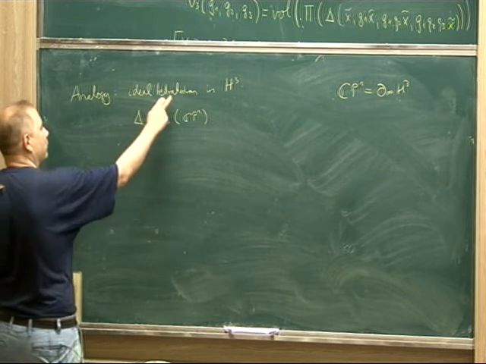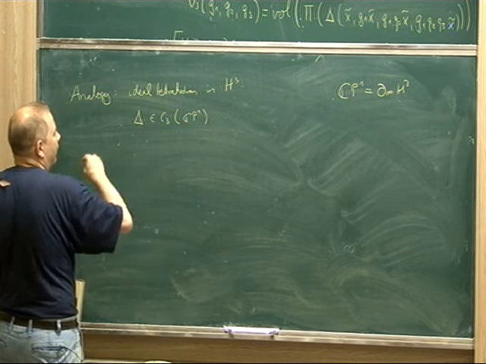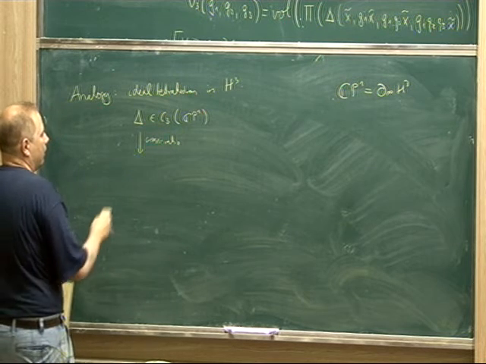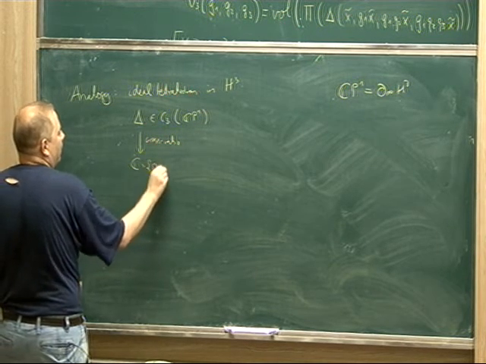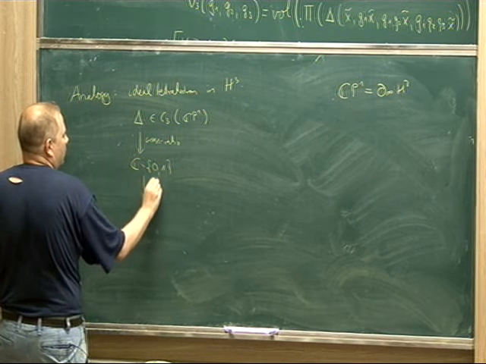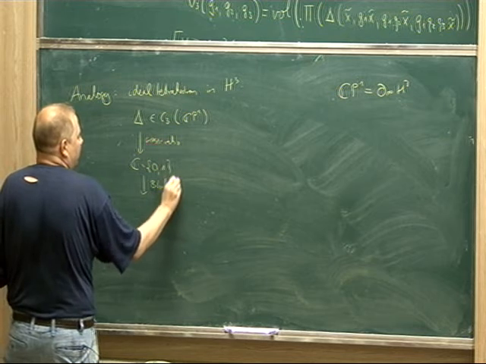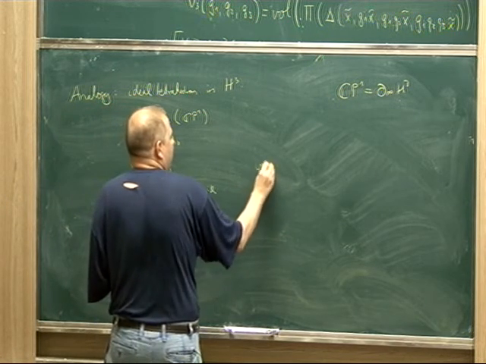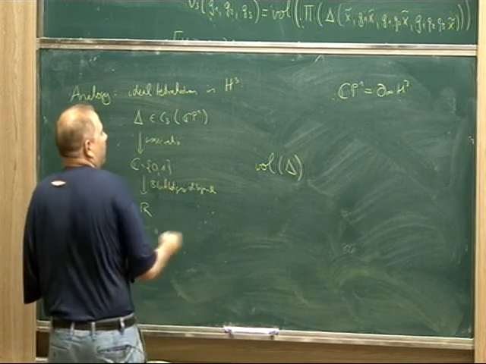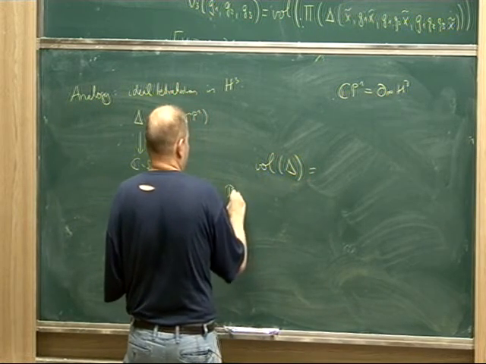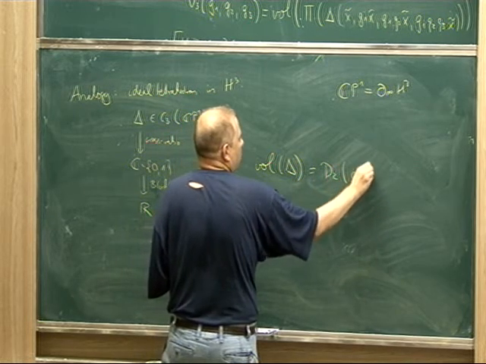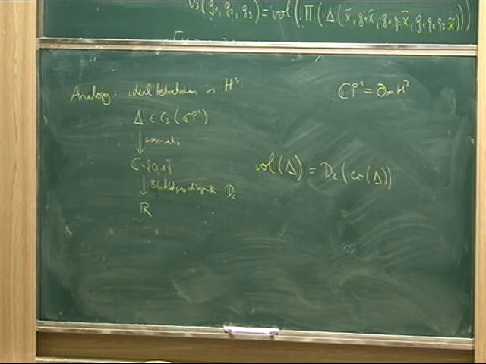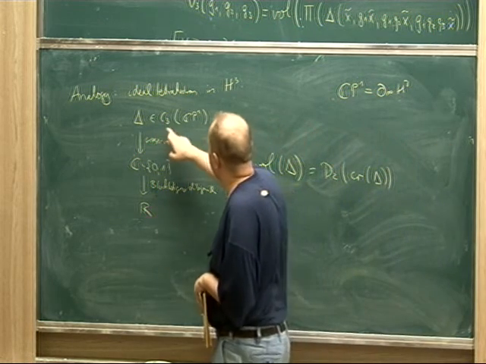So this tetrahedron has four vertices in CP1, and then one can define a cross ratio, which is an element in C, and then one has the so-called Bloch-Wigner dilogarithm, which gives an element in R. It is a well-known fact that the volume of a tetrahedron is the Bloch-Wigner dilogarithm of the cross ratio of the corresponding four-tuple of points in CP1.